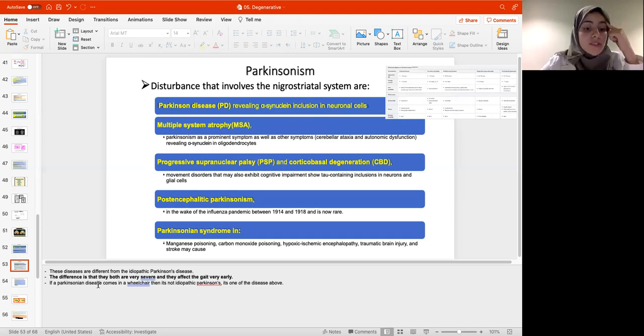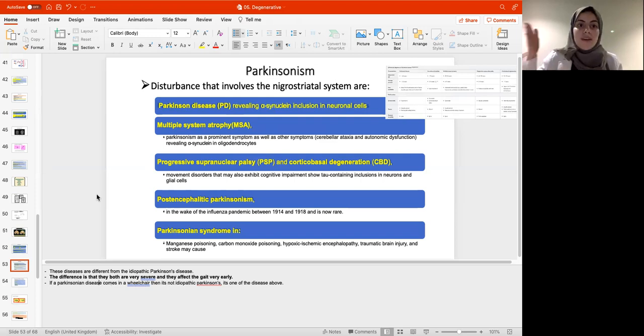In Parkinson's disease, they usually don't come in a chair. If they come in a chair, then it's not idiopathic Parkinson's. It's usually one of the diseases above, okay? So if they come with Parkinsonism and they come in a wheelchair, you know it's not Parkinson's disease. Why? Because Parkinson's patients don't end up in a wheelchair until the end of its course.